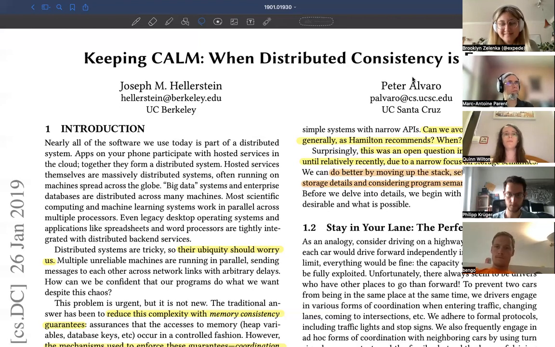I'm sorry, I'm botching the sketch of the proof, but totally fine.